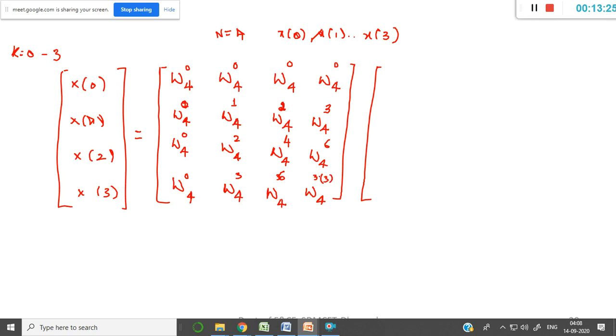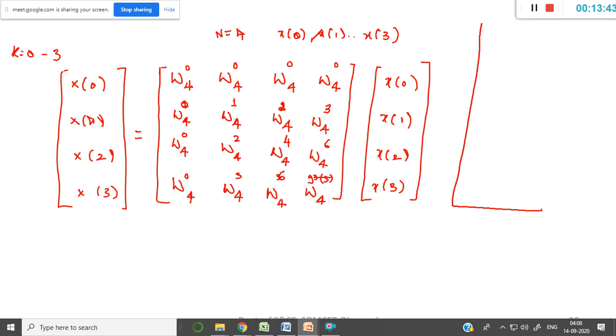Third sequence, so this is 9, right? Let me cancel this and write it as 9. Okay. And the input sequence is x of 0, x of 1, x of 2, and x of 3. Okay. Now you know that, what is the value of Wn to the power of kn?